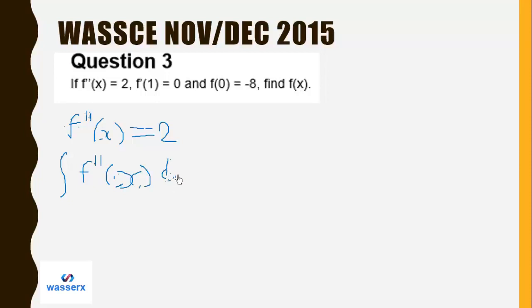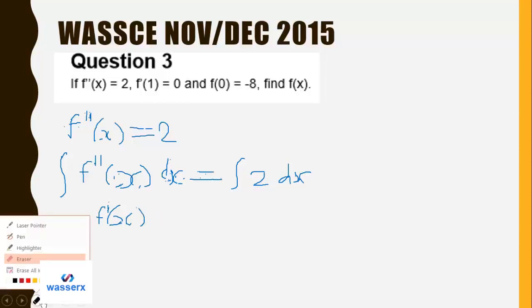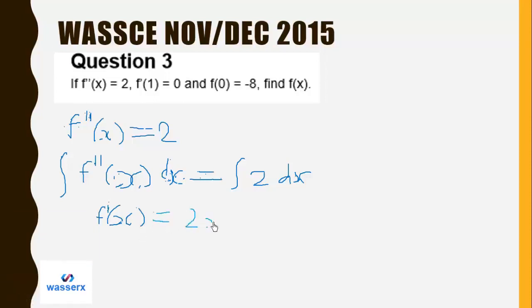If you integrate f double prime of x, we get f prime of x, and this will be equal to the integral of 2 dx, which is the same as 2x plus c, where c is a constant of integration.